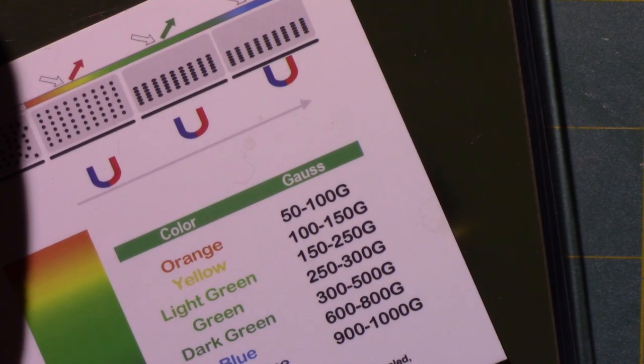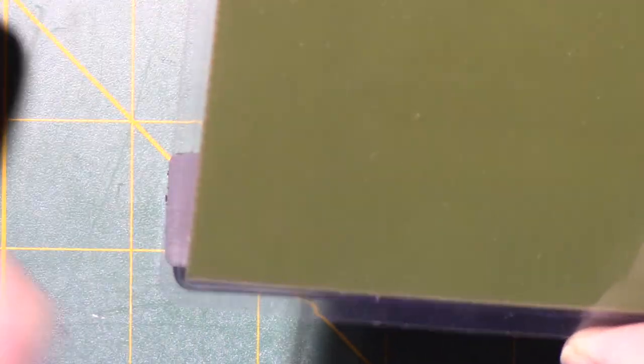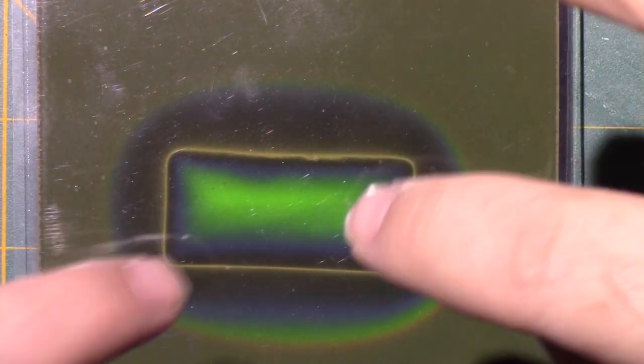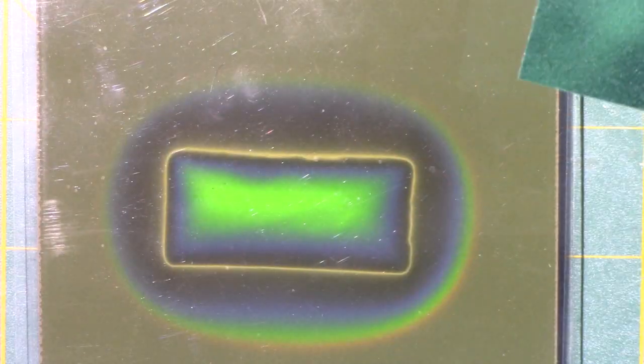These are not correct. Now the other problem in using this MagnaView film is that it cannot see sheet currents, and I'll explain what those are in a minute, where this one can. This one is actually a little bit more sensitive, even though it does not have the dynamic range that this one does. So you kind of need both of these in order to get the full understanding of magnets.